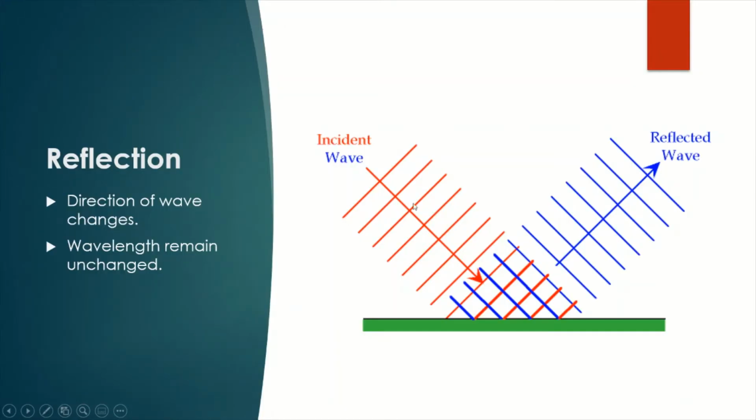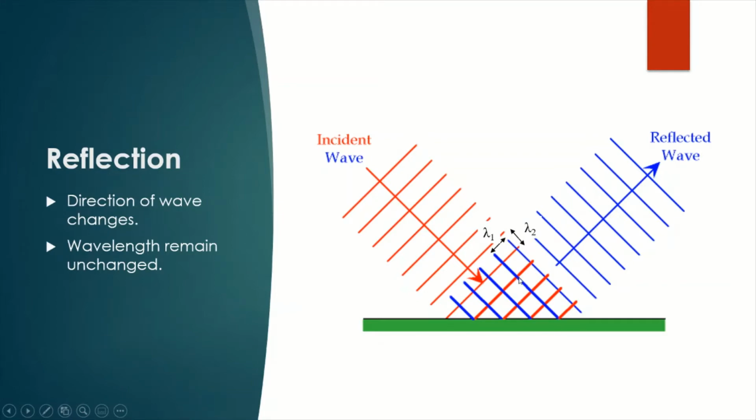right? So this is the wavefront of the incident wave, and this blue one is the wavefront of the reflected wave. As we can see at the region where they meet each other, you can see squares. All right, so what does this square mean? This one is the wavelength of the reflected wave, and this is the wavelength of the incident wave.